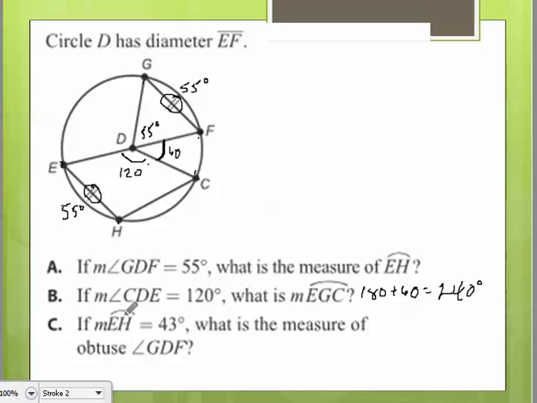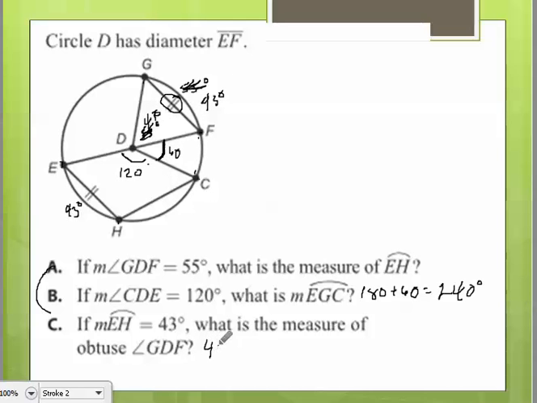Last thing, the measure of arc EH. EH out here, they're changing the measurement to saying that it's 43 degrees. What is the measure of angle GDF? Well, that's the exact opposite of what A was doing there. That would make this measure over here 43 degrees. That would make this angle in here 43 degrees as well.